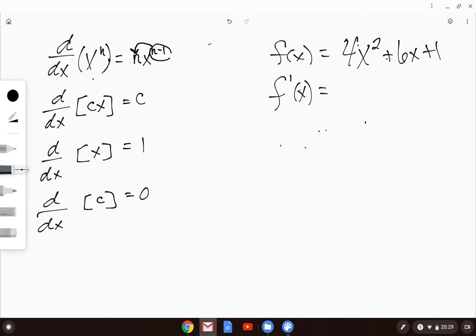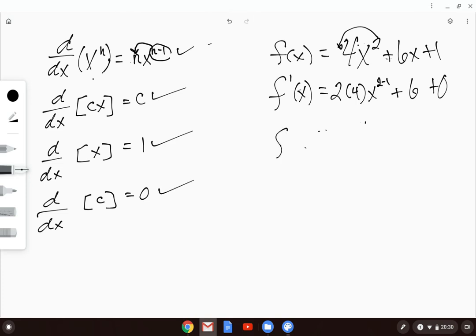So my first rule is to move the 2 to in front here. So that's going to become 2 times 4 times x. At the same time, that's going to become 2 minus 1 here. Plus my next rule, which says if I have a coefficient with the variable x, that just becomes the coefficient, which is going to be 6. All right, x is not by itself. So then I have a constant, which is going to become 0.